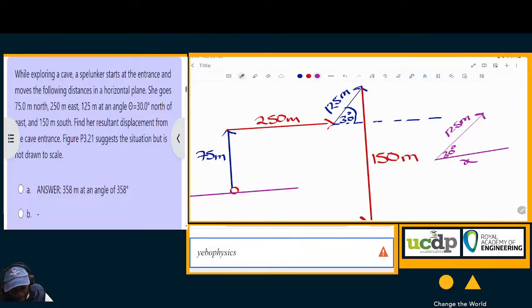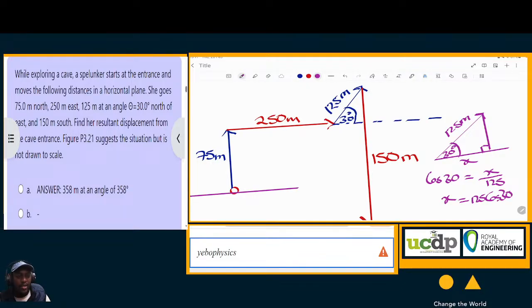If we form a right angle, then we can use our trig ratios. So which sides do we have? We've got the adjacent, which is x, and the hypotenuse, which is 125 meters. So for the x component of 125 meters, you can use the cosine ratio. The cos of 30 equals the adjacent, which is x, over the hypotenuse, which is 125, which means that x will be 125 cos 30.